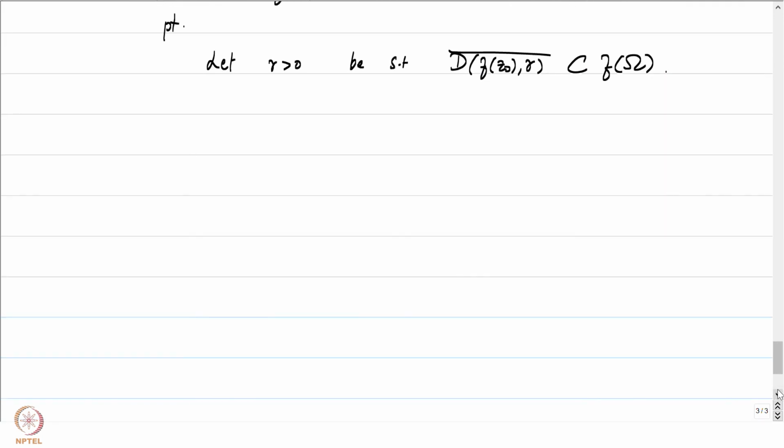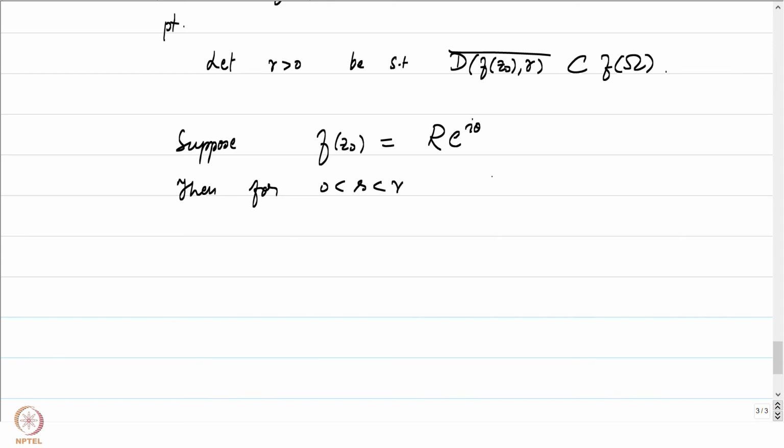Now let's write f of z0 in polar coordinates. Suppose f of z0 is equal to some capital R times e to the power i theta. Then for 0 less than s less than r, f of z0 plus s e to the power i theta belongs to the disk D of f of z0 comma r.